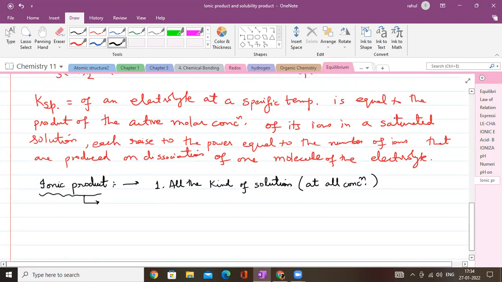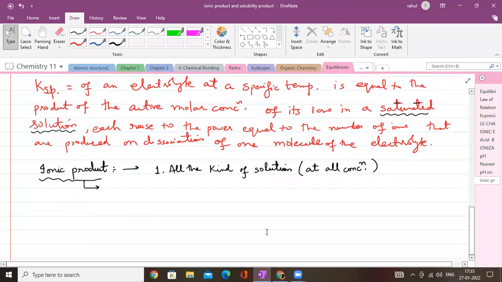So when we talk about solubility product, we talk about saturated solution. When we talk about ionic product, we talk about all kinds of solution, at any concentration. So we have to take up the difference between the two.